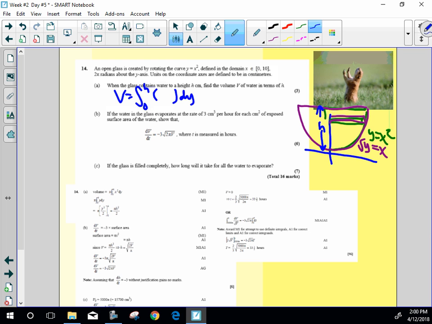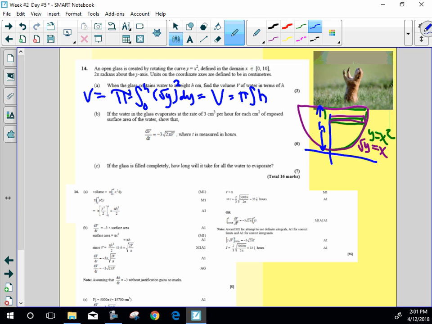Very good. So remember with volume though, it's a formula. It's pi r squared, right? So pi r squared, the radius is the square root of y squared. What does this become? Yeah, it becomes pi integral of y, which we can turn into h.